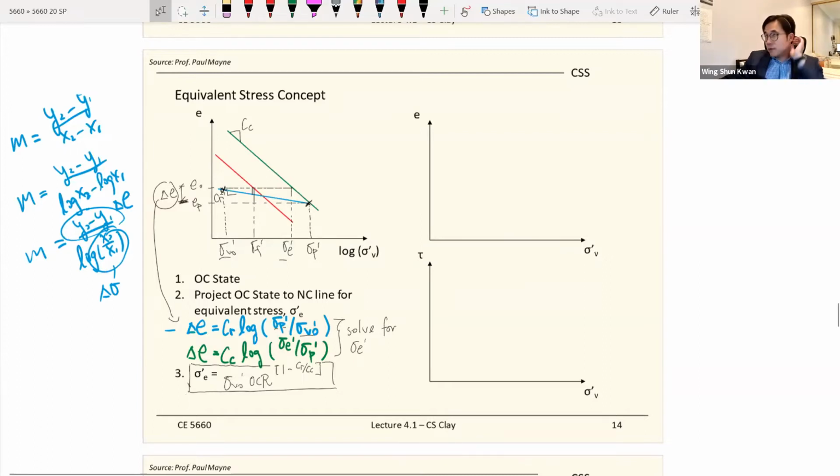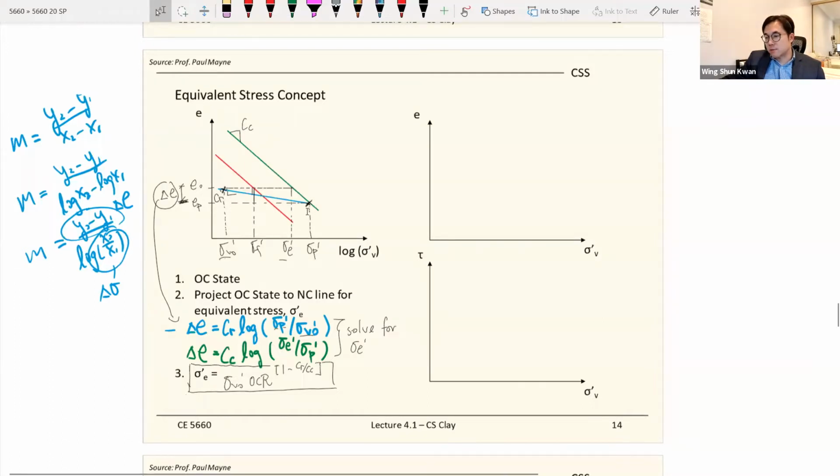The equivalent stress concept tells us there's a mirror image, the same equal distance from the other side, where you can find the equivalent stress. So you have the initial stress, the failure stress, and the equivalent stress.